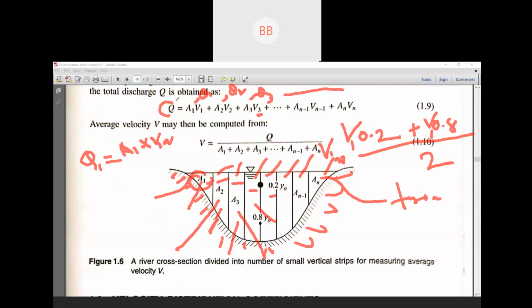So for the total discharge for that particular section, you have to add all of them, and then you can find out the average velocity.